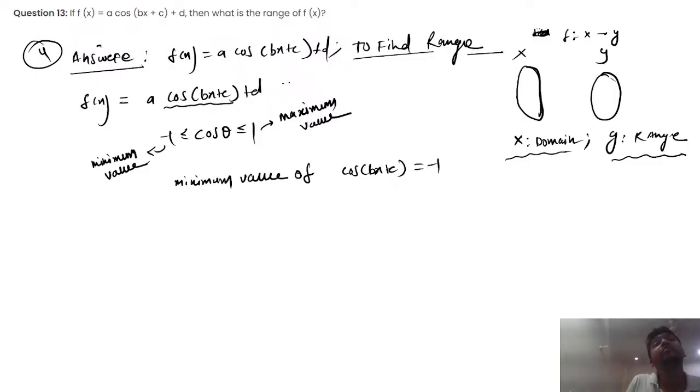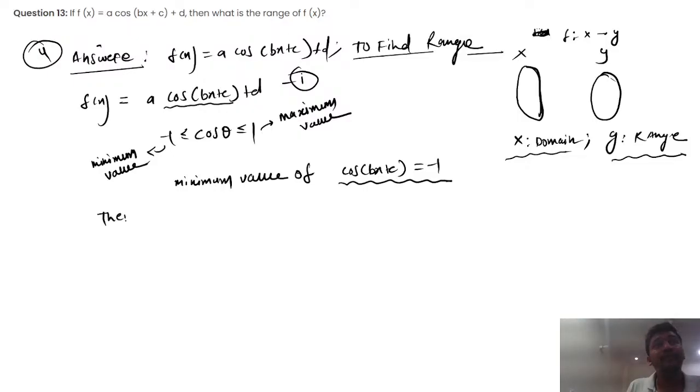And we name this like this. Okay. So if cos(bx + c) becomes minus 1, then from 1 what do we obtain?